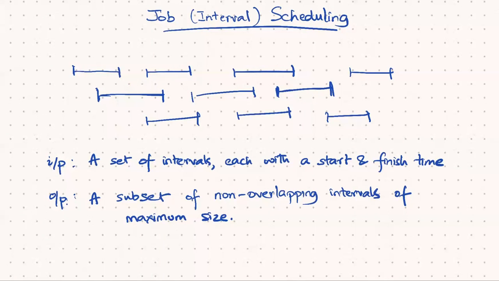So that might suggest the following strategy. So let's call it greedy strategy 1. Okay, that's suggesting that there are more to come. But in this one, we pick the smallest interval.